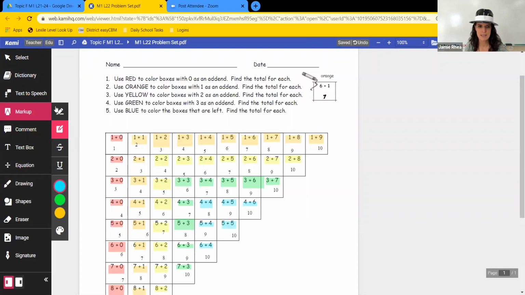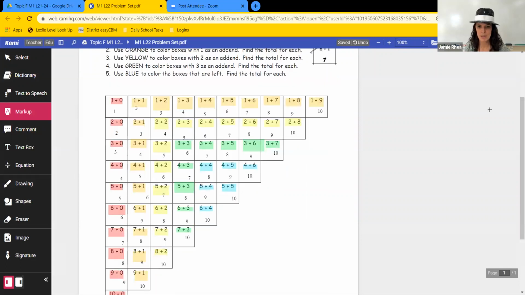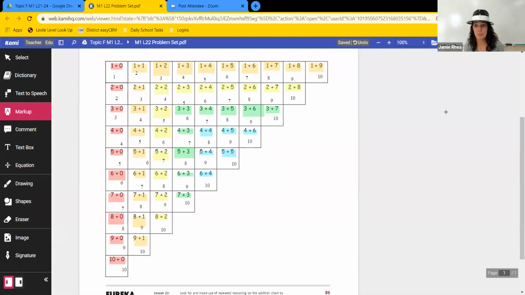Now, let's look at this and see what we noticed about our, now it's our beautiful chart. I notice that if I'm going down, all of those have 0. So we colored them all red. If I go down this way, they all have 1.